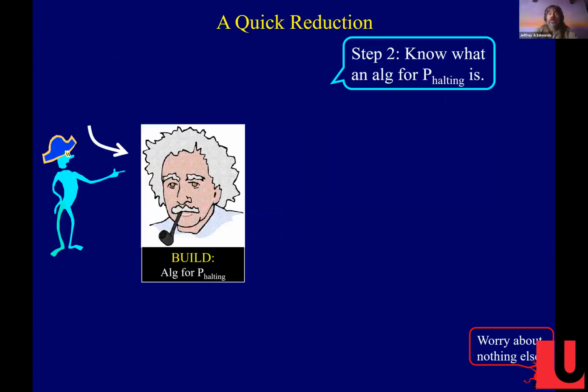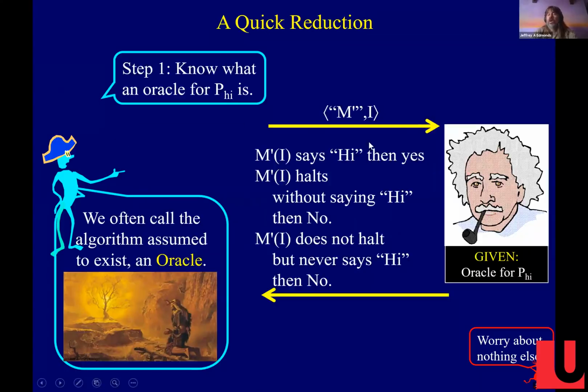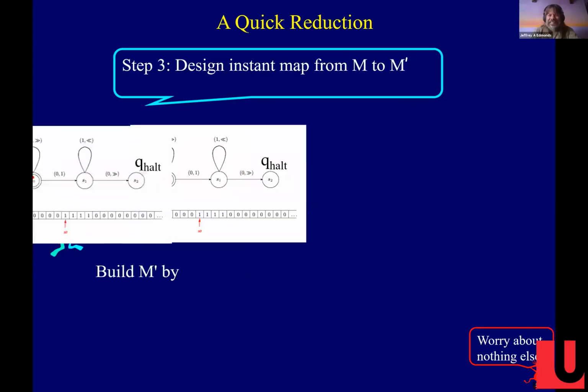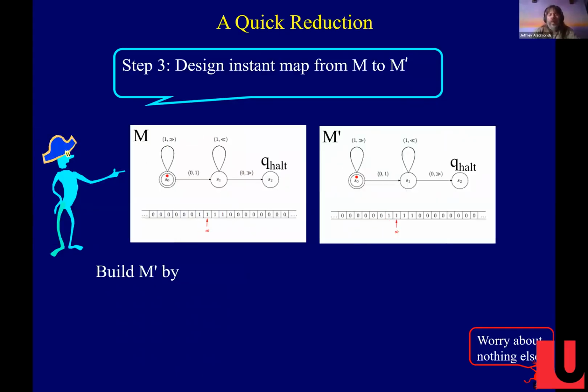Let's go back to our oracle. Remember, we give it an M prime, and it tells us whether or not it says hi. So we replace halt with hi? Exactly. So what we care about is, do we get to the state?